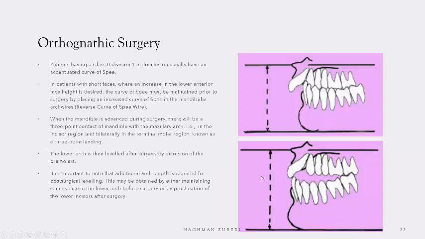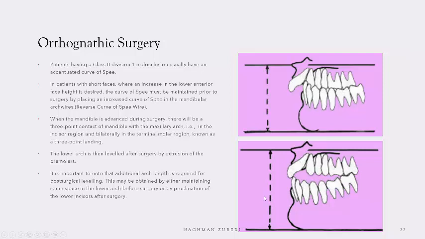Well, orthognathic surgery can also be done, especially if deep overbite is associated with a skeletal class 2, where bilateral sagittal split osteotomy, or BSSO, is going to be done. In that case, what is going to happen? There will be a 3-point contact.